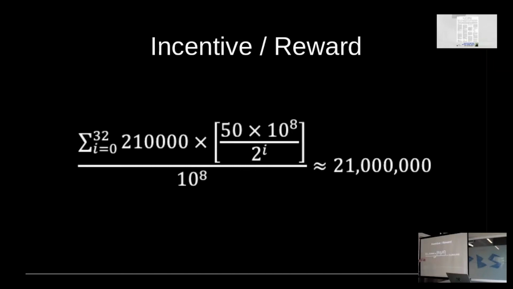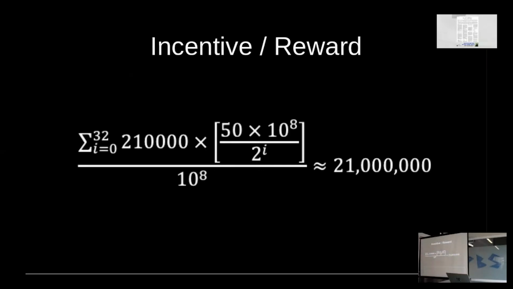But when it first started out, it was 50 coins a block. And after a certain number of coins are rewarded, we go into a new epoch and i increments by 1. And now this number is halved. And so with every epoch, okay, so the first epoch was 10 million coins rewarded, and then the next would be 5.